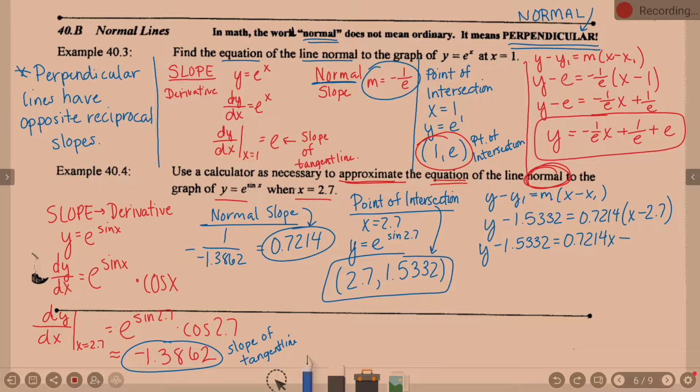I have 1.9478 written down. So to multiply 0.7214 times 2.7, I have 1.9478. And then if I add my 1.5332 over, I end up with y equals 0.7214x minus 0.4146.